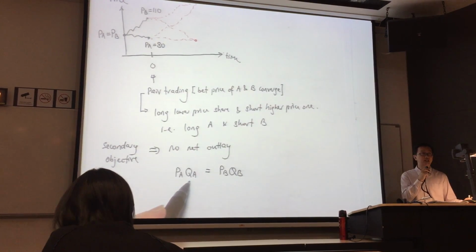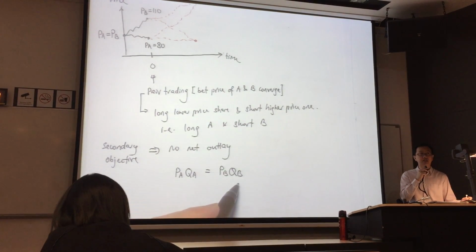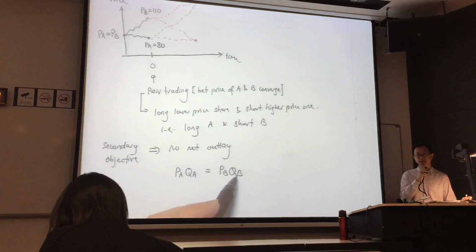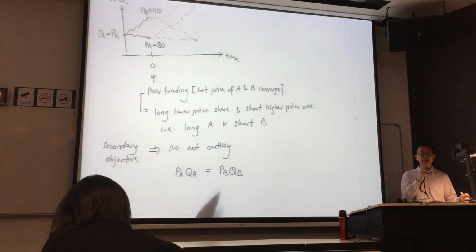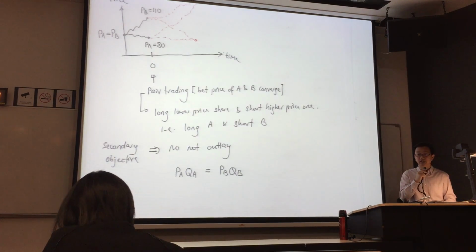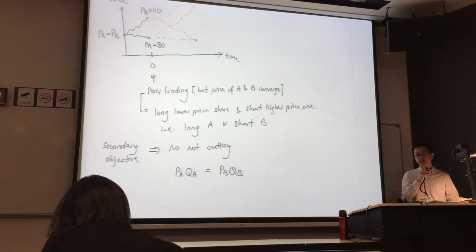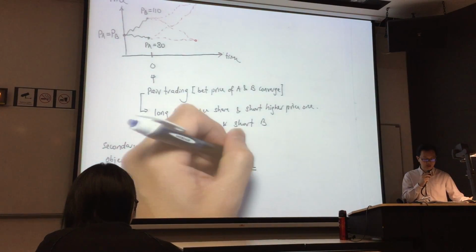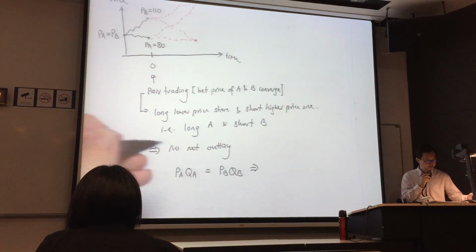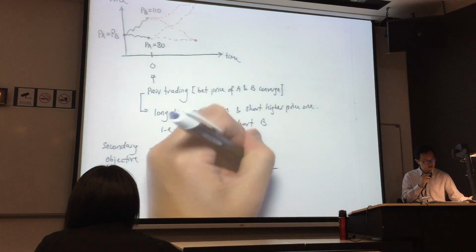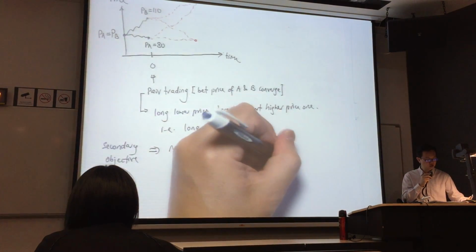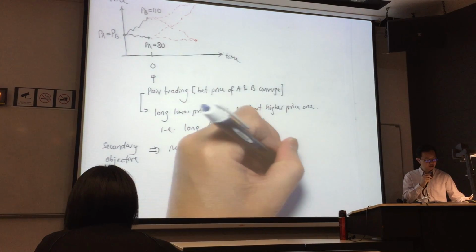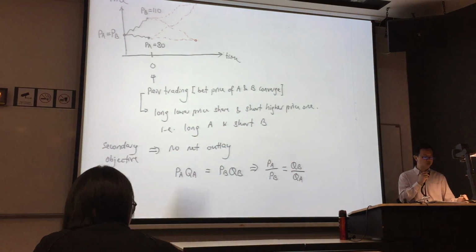QA is basically the quantity that you buy in A. QB is the quantity that you short in B. You understand? So for you to have no net outlay, what is the quantity of A and B? It's based on the price. So you just swap it around. You'll see that in this case, PA over PB is equal to QB over QA. Just swap it around.